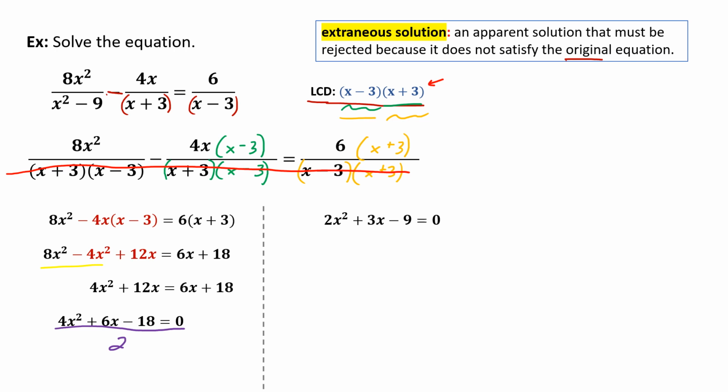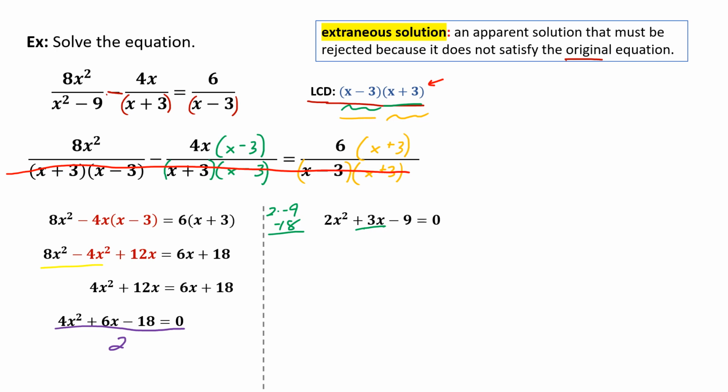I could solve that many different ways. I could factor, I could complete the square, use the quadratic formula. I'm going to factor, I'm going to use grouping or bust B. So if I multiply the a and the c coefficient, 2 times negative 9, that gives me negative 18. And I'm looking for two numbers that multiply to negative 18, but they have to add up to 3.